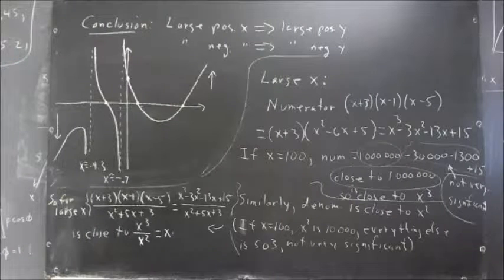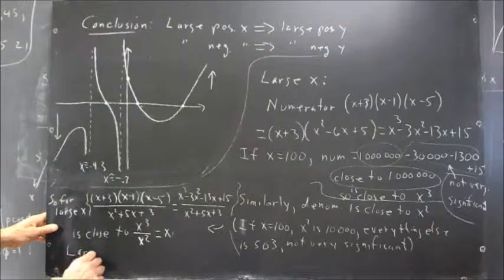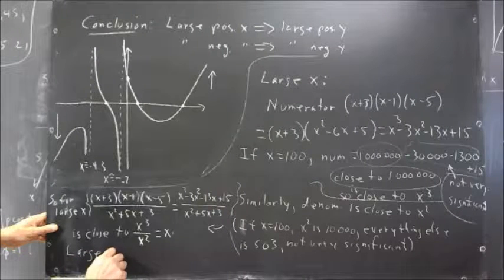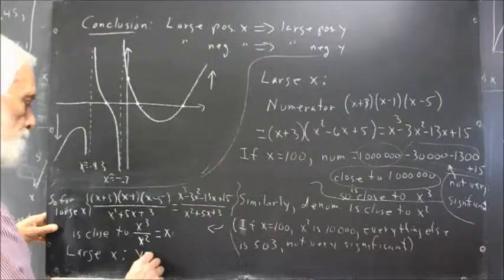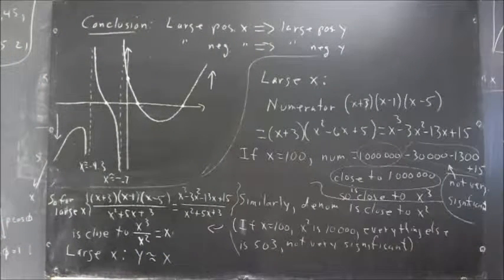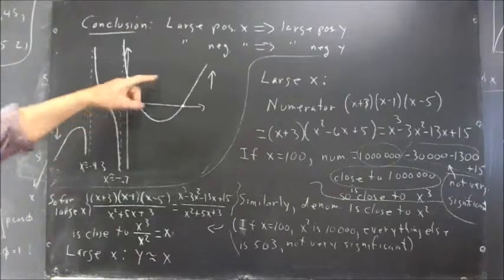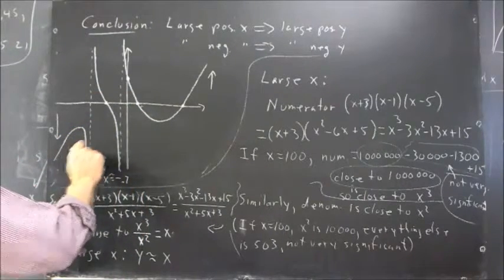So for large x, y is approximately equal to just x, which means that we can take this graph and we can draw the line y equals x.